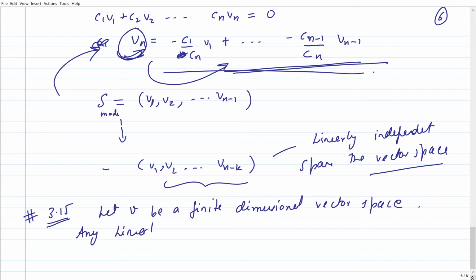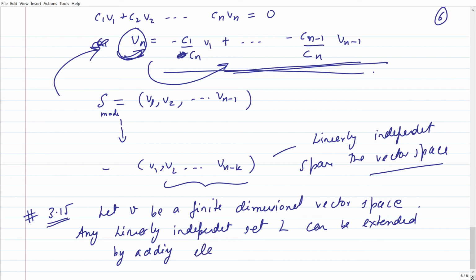Any linearly independent set L can be extended by adding elements to get a basis.